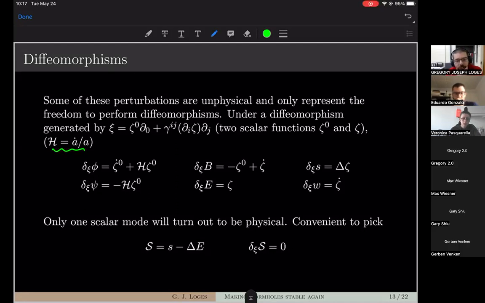And what we'll find is that the scalar perturbation that survives is this gauge invariant combination here. So I've called it capital S. It's some linear combination of both the 3-form scalar perturbation and the metric perturbation E. So by design, it's scalar, it's diffeomorphism invariant, and everything else will either be gauge redundant or non-dynamical and integrated out.